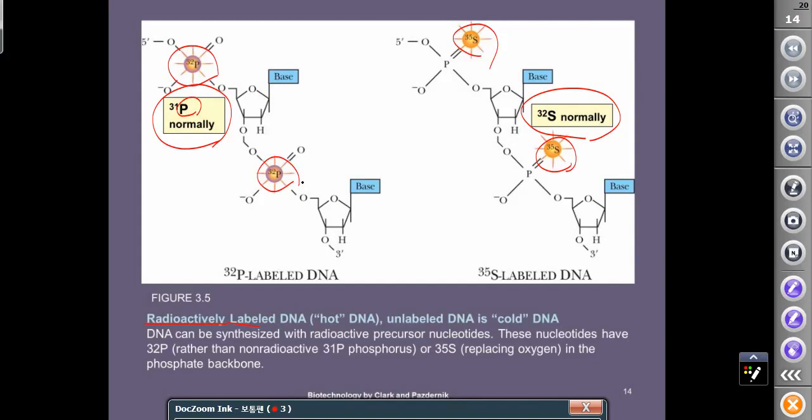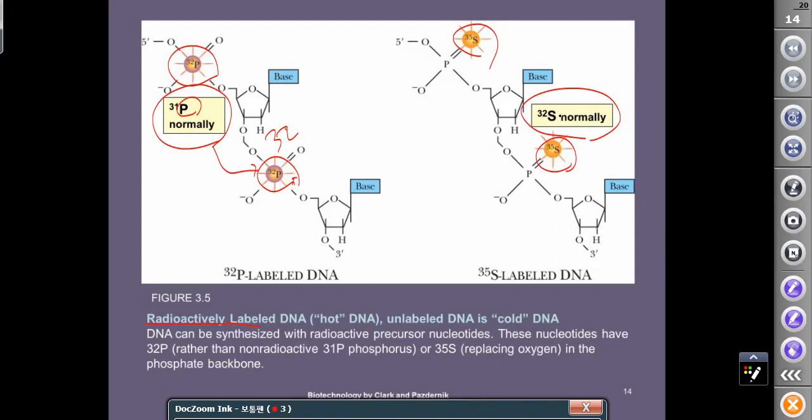But the one we use for labeling has atomic mass of 32. What is the difference? This has one more neutron. Therefore, the atomic mass is heavier than that. So if you label with this phosphorus-32, then you can easily detect this DNA.